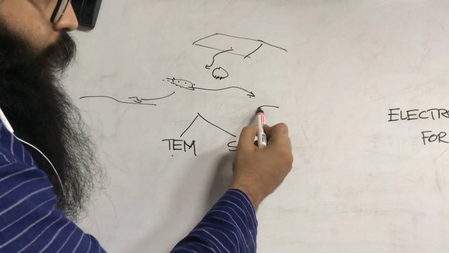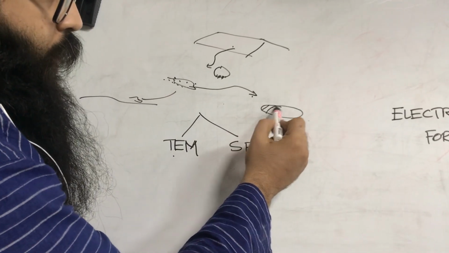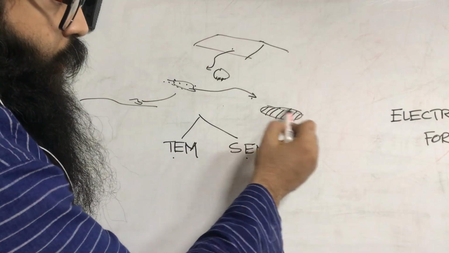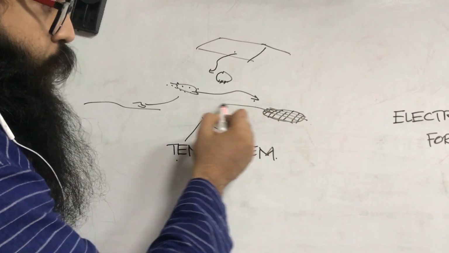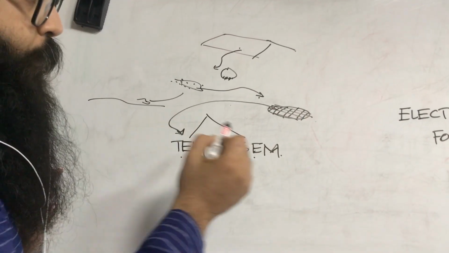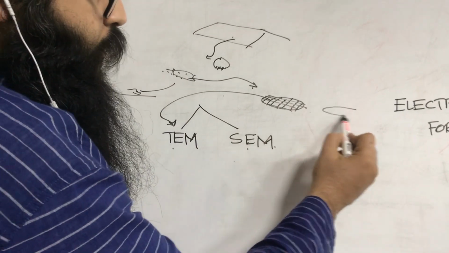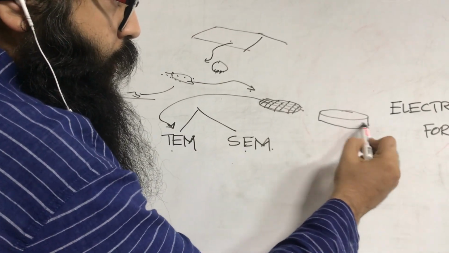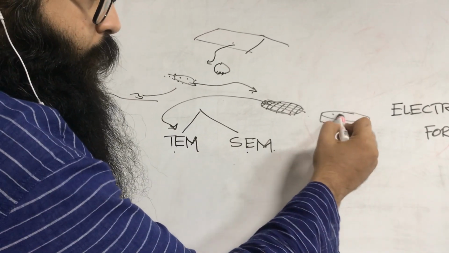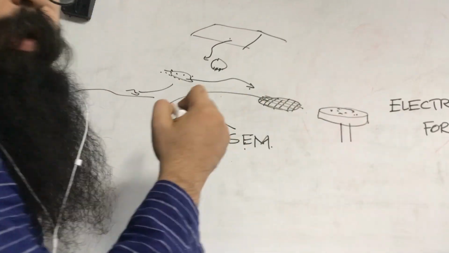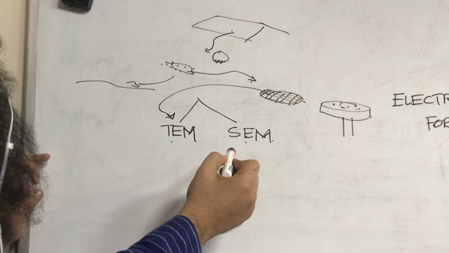In one, it will be put on a copper grid which will be put in a TEM machine, which you will see soon, and in SEM it will be put on a stub which will be seen under a scanning electron microscope.